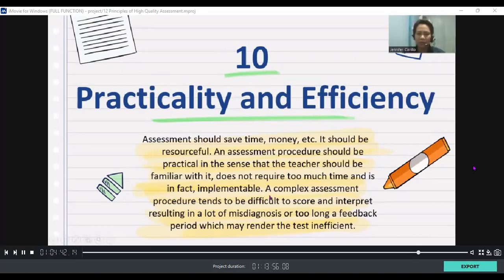A complex assessment procedure tends to be difficult to score and interpret, resulting in misdiagnosis or too long feedback period, which may render the test inefficient. So, we should not choose or select an assessment that requires much time to score. Okay? Or ang lisod scorean or evaluate.